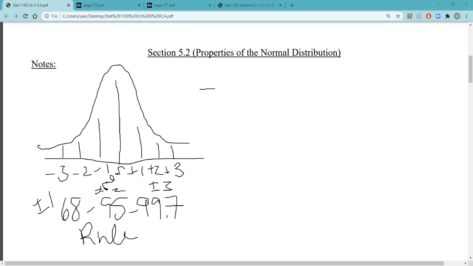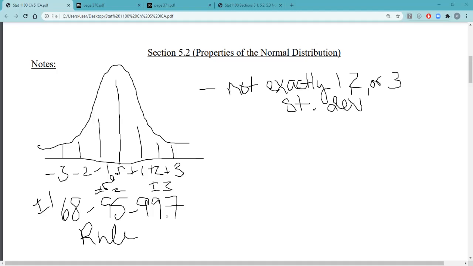If we have a data value that is not exactly 1, 2, or 3 standard deviations away, let's say that we have a data value that lies somewhere in here.